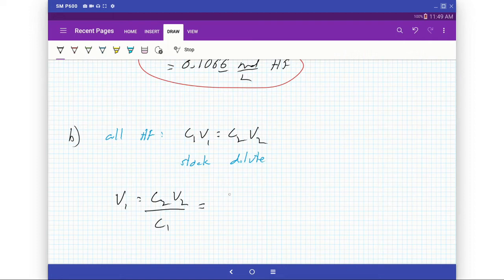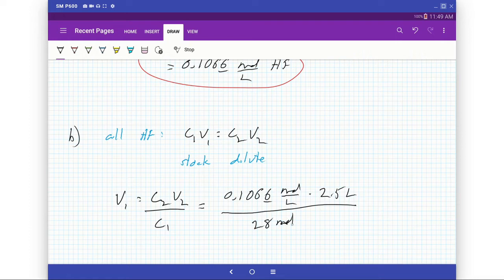Plugging numbers in, you get 0.1066 moles per liter. And the problem tells you that the concentration of the concentrated HF is 28 moles per liter.